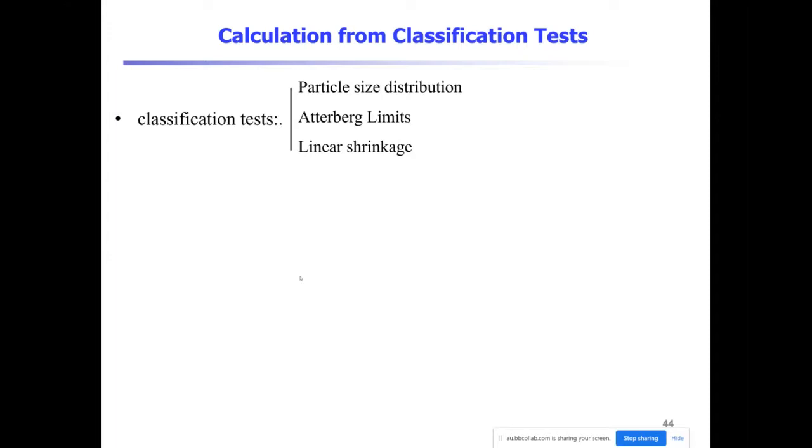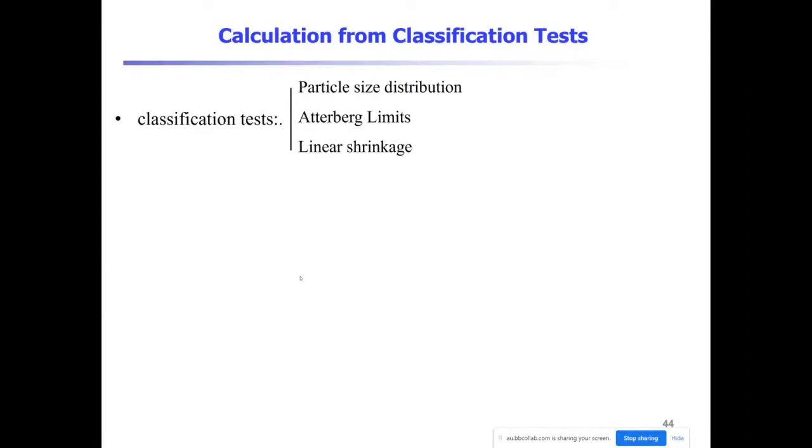We conduct sieve analysis for coarse material, and we conduct Atterberg limit tests for fine materials. For fine materials like silt and clay, the size of the particle is not important and does not control the behavior of the soil.